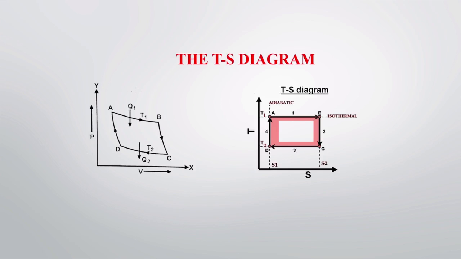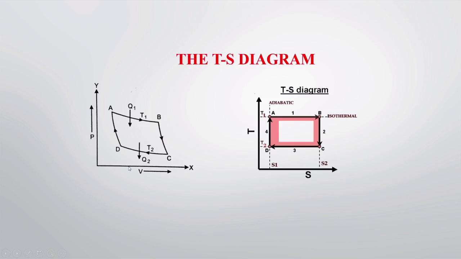So how do we draw this TS diagram? To draw this TS diagram, we will plot the entropy along the horizontal axis and the temperature along the vertical axis. Such a diagram is called the temperature entropy diagram or the TS diagram.